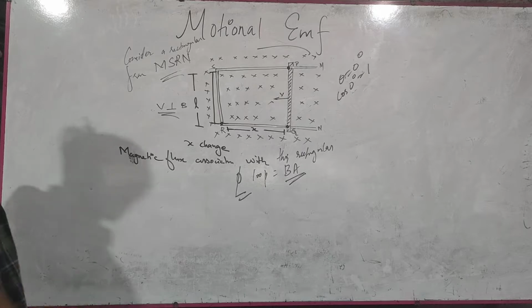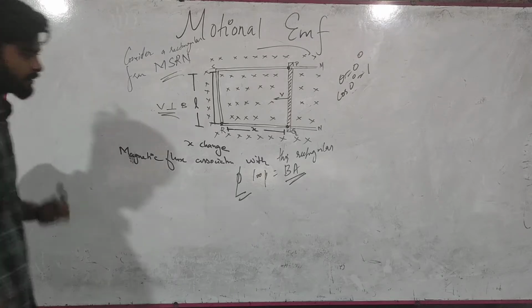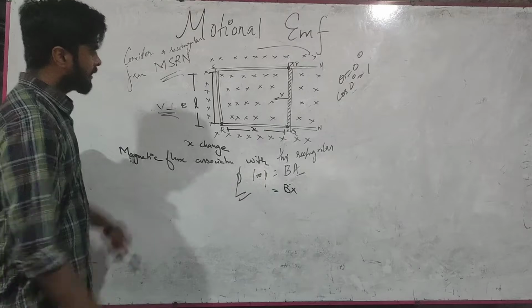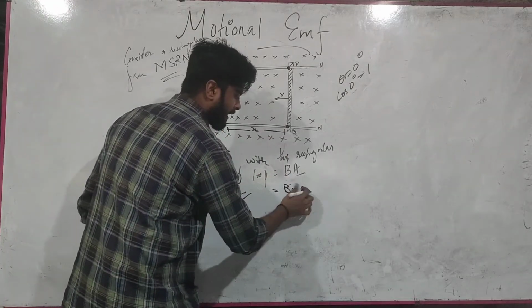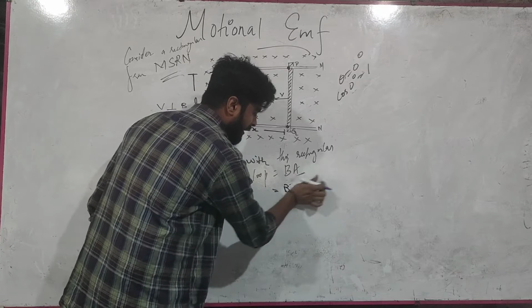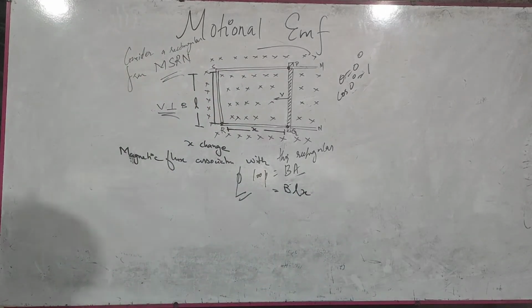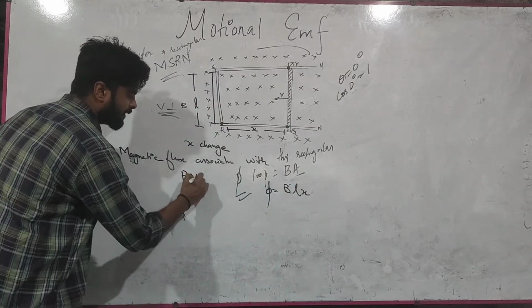What will be the area of PQRS? Since this is a rectangle, the area will be length into breadth, right? So this can be written as B into length L, breadth x. So BLX is the flux associated with this PQRS loop.